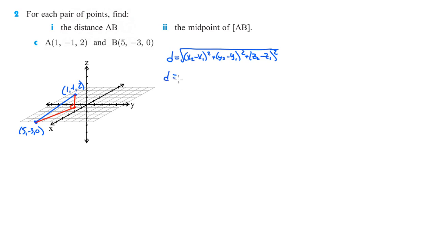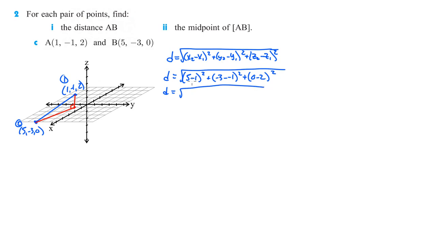Okay, so on this one, the first point here was this one, we'll call that 1, and that's point 2. So officially, if we're going to do it exactly like the formula says, we would do 5 minus 1 squared plus negative 3 minus negative 1 squared, and then 0 minus 2 squared, and that's going to be the distance between these two points in 3D space, right?